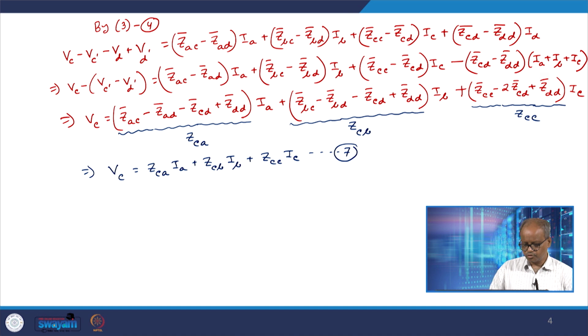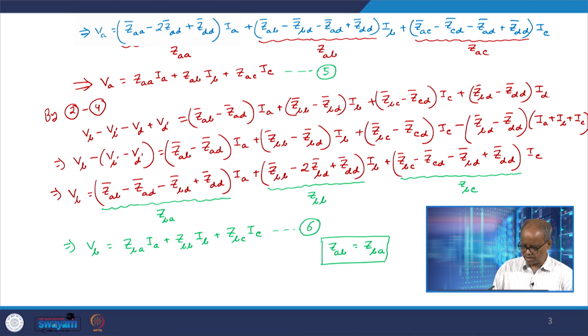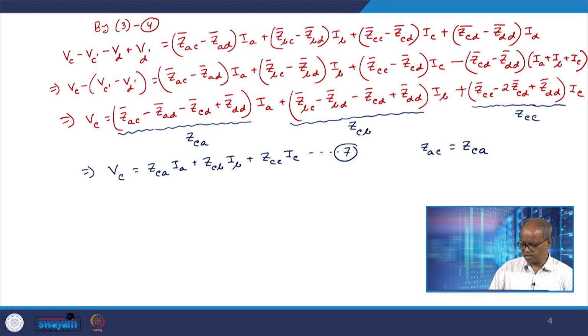So then therefore, here also I can write down that ZAC is equal to ZCA, and we have already shown that ZAB is equal to ZBA. Similarly, I can show identically same, please cross check, that ZBC is equal to ZCB, right.